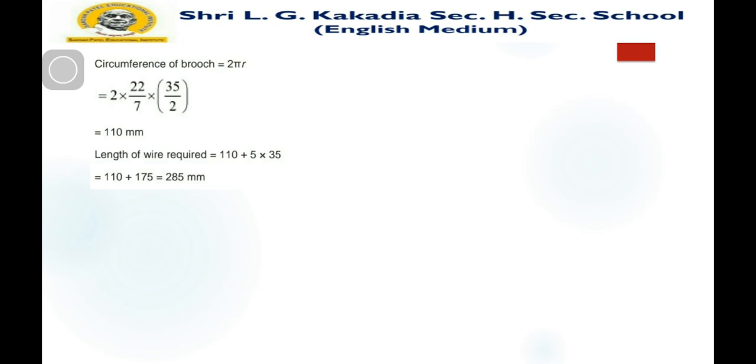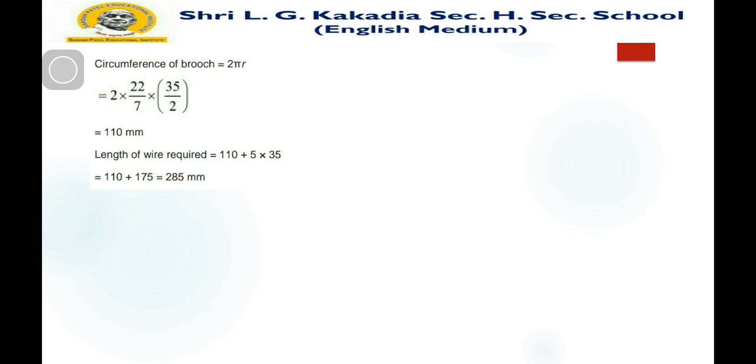It is the circumference, the silver wire used to make the circumference. Now the length of wire required is equal to 110 millimeter plus the length of 5 diameters, that is 5 into 35, and hence the total length of silver wire used to make the circumference and diameters is 110 plus 175, equal to 285 millimeter. It is the required silver wire to make this brooch.